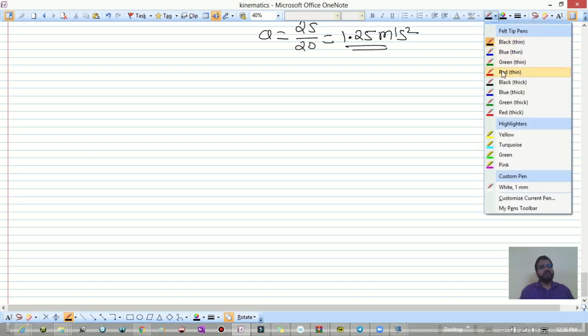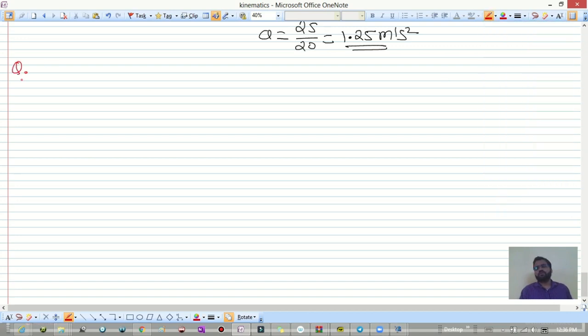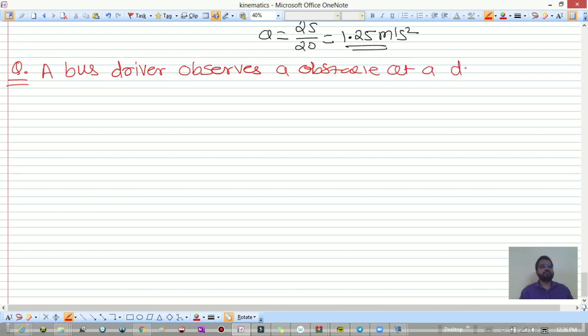So we have the third question, and it is given: a bus driver observes an obstacle at a distance and presses the brakes.